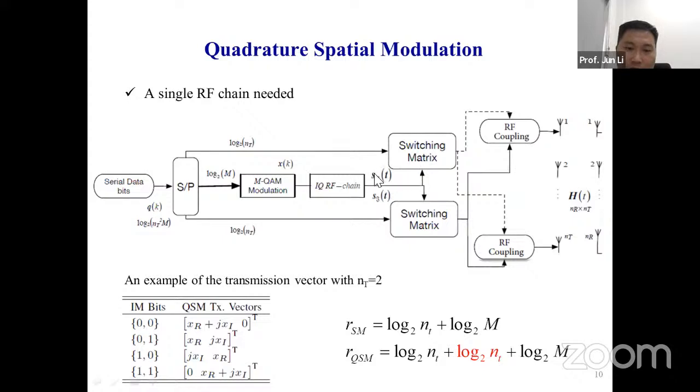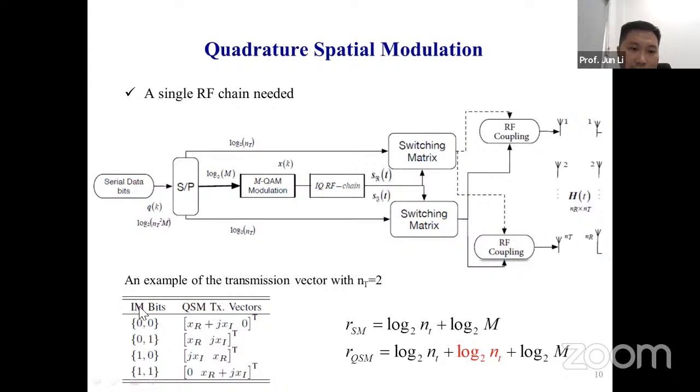This is the real part, and this is the imaginary part. So the transmitted signal X is split into XR, the real part, and XI, the imaginary part.